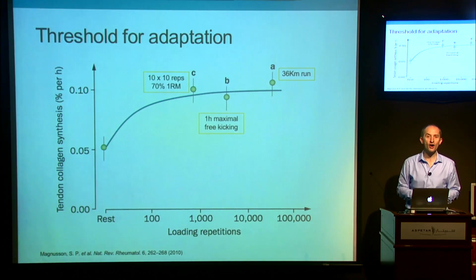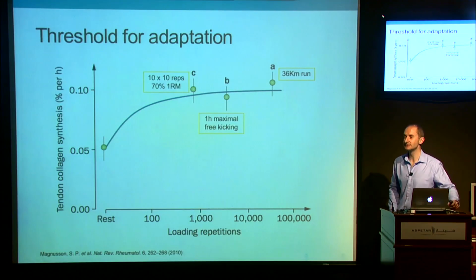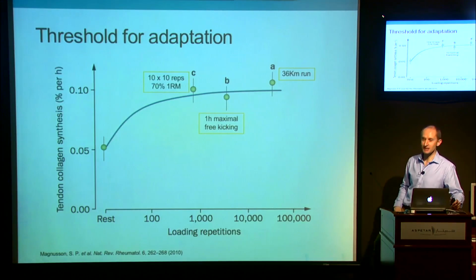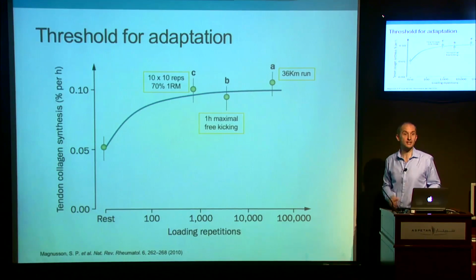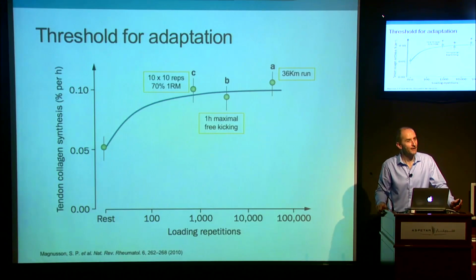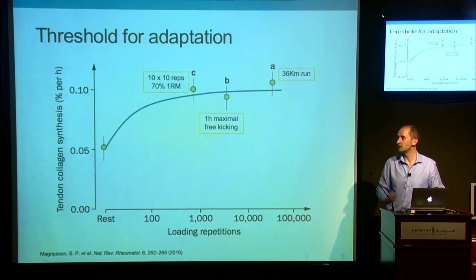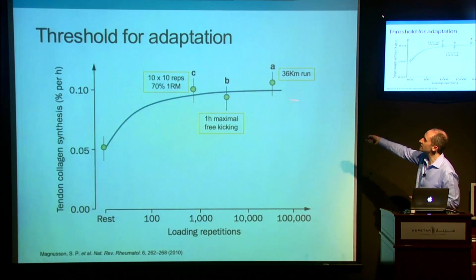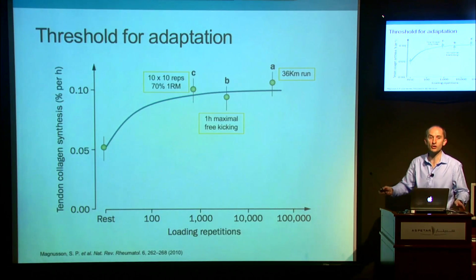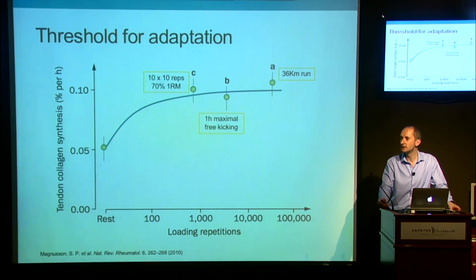Then there was 1 hour of maximal free kicking, again, on a quads extension. And then there was a 36-kilometer run. 3 very different types of loading. What you see is that essentially they got the same amount of tendon and collagen synthesis. Now, if I'm a patient, I know which exercise I would prefer to do to get the same adaptation.